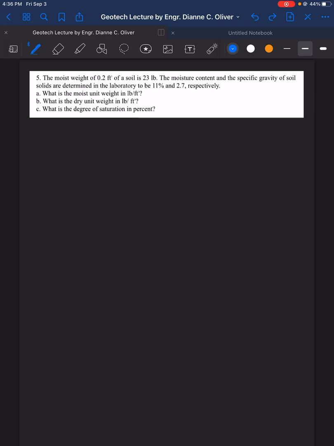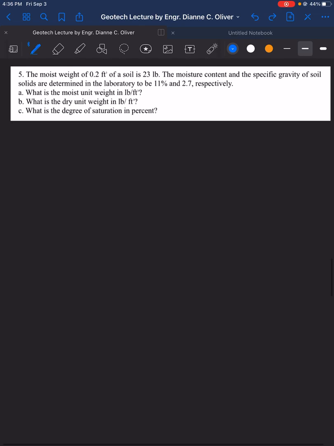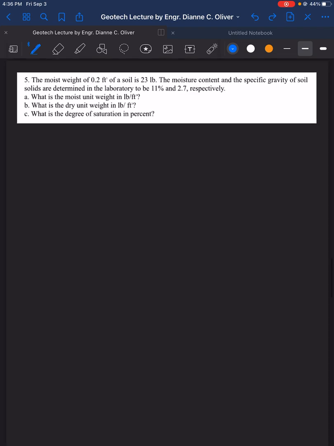The moisture content and the specific gravity of soil solids are determined in the laboratory to be 11% and 2.7 respectively. What is the moist unit weight in pound per cubic foot? What is the dry unit weight in pound per cubic foot? And then what is the degree of saturation in percent?